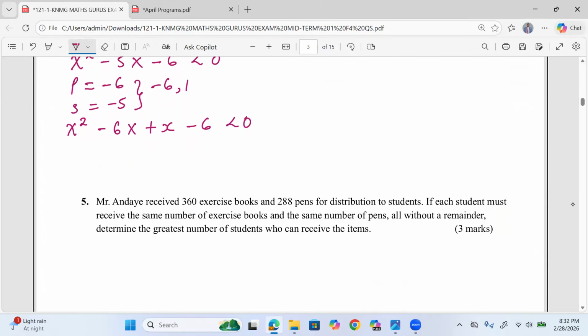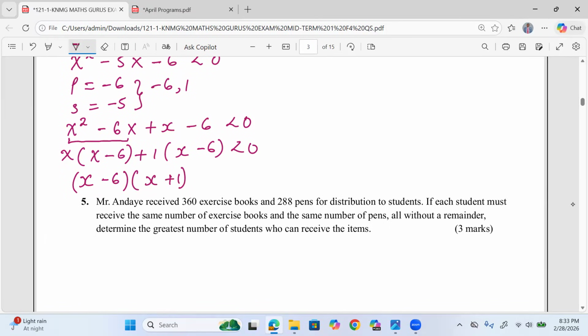So we're having from the first two, this is the factorization which we've just applied in a previous question, x minus 6, then +1 x minus 6 less than 0. x minus 6, then outside the brackets x plus 1, less than 0.